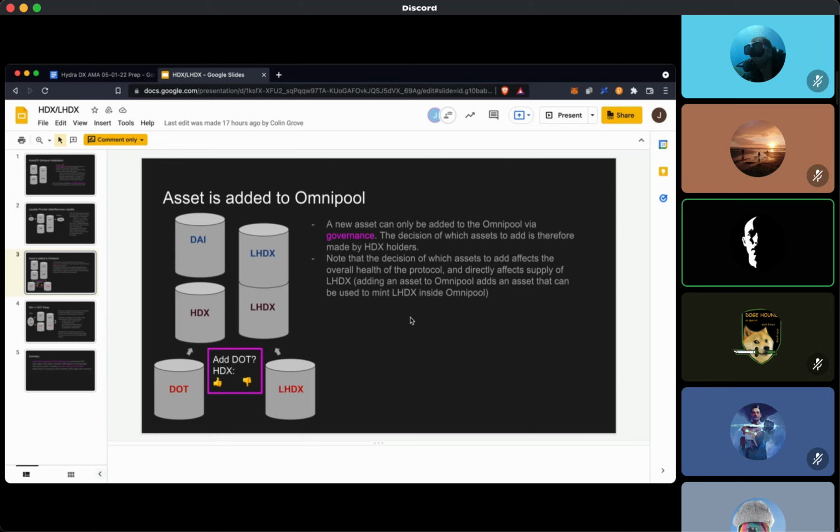However, since HDX is a governance token, that's a vote of HDX holders. We have one more operation to talk about, and then we'll summarize.